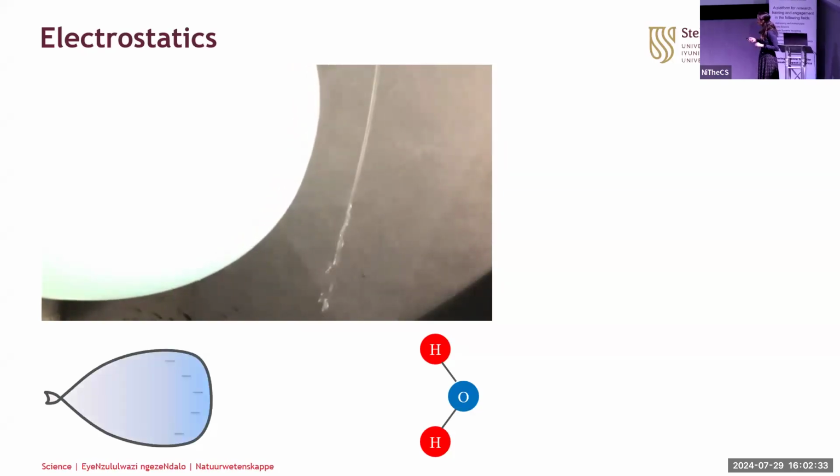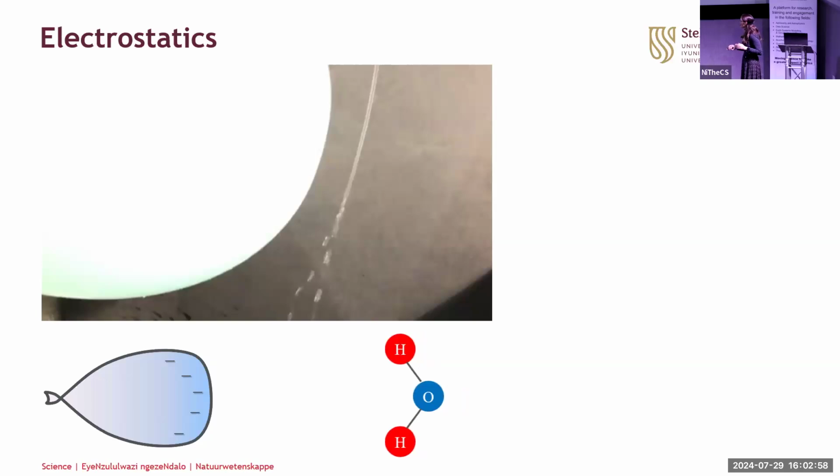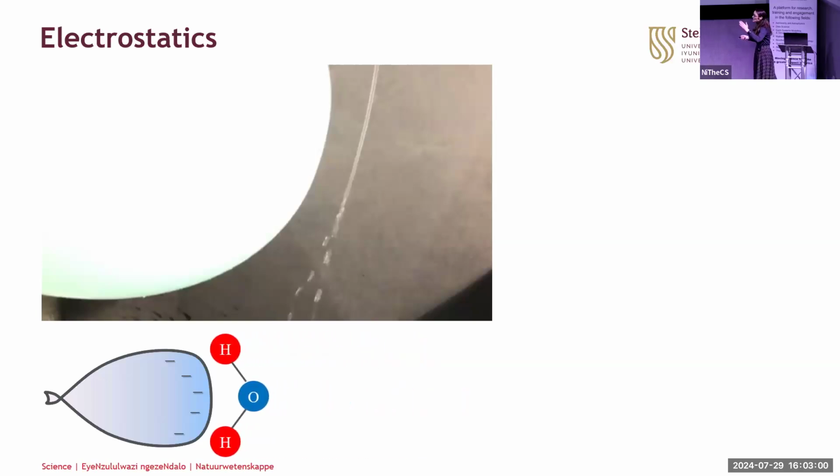As you rub it, the electrons move to the surface. A water molecule has an oxygen on this side that is negatively charged, and the hydrogen atoms are positively charged. Those positive parts of the water molecule then interact with the balloon, and you see the water moves towards the balloon.